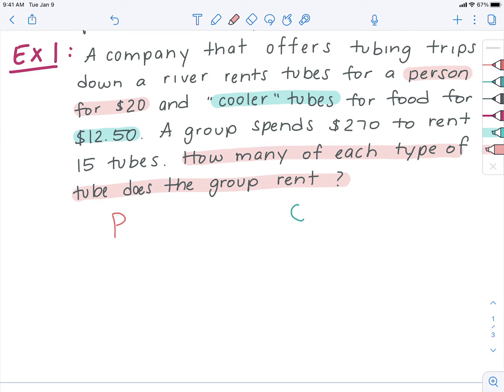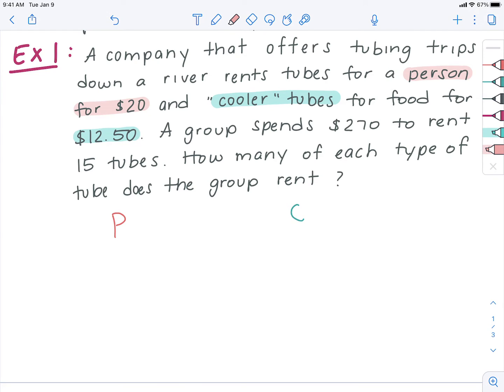They don't want to know how much the tubes cost. They want to know how many tubes they're getting. So when I label P and C, I'm going to label P as the number of person tubes being rented and C as the number of cooler tubes being rented, because they're asking me to find how many they're renting. So I want to make sure what I label my variables actually has to do with the question they're asking.